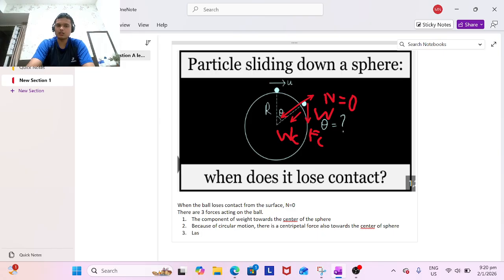And lastly, the normal contact force acting on the ball by the sphere.